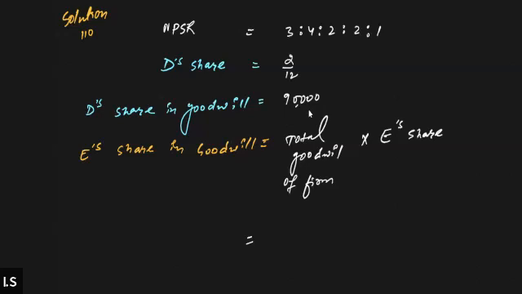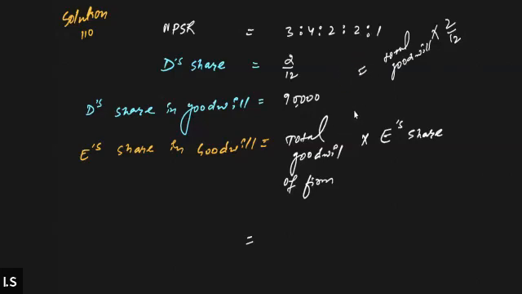So to find out the total goodwill of the firm, we will use D's share of goodwill. How did we calculate D's goodwill? We must have calculated D's goodwill by applying this formula: total goodwill of the firm into D's share, that is 2 by 12. And after calculating it, we got 90,000.